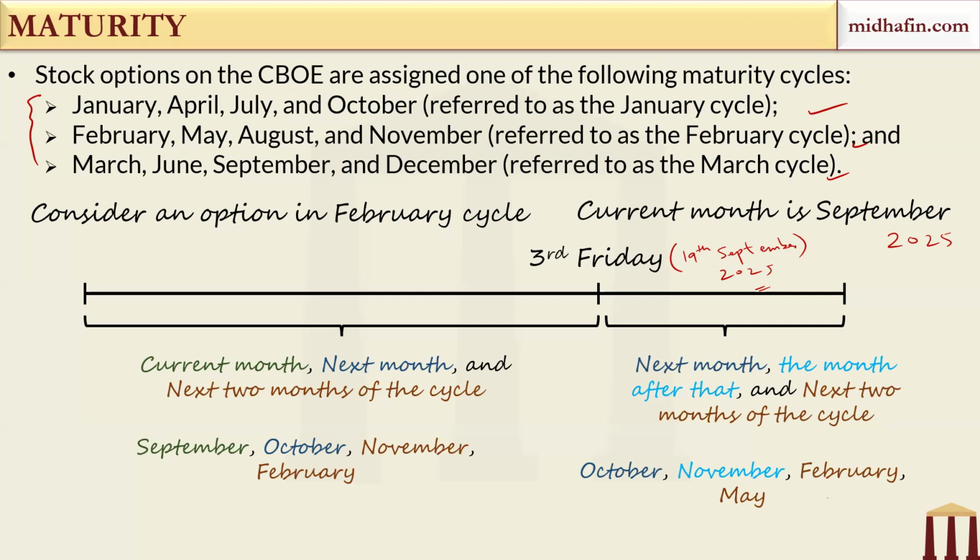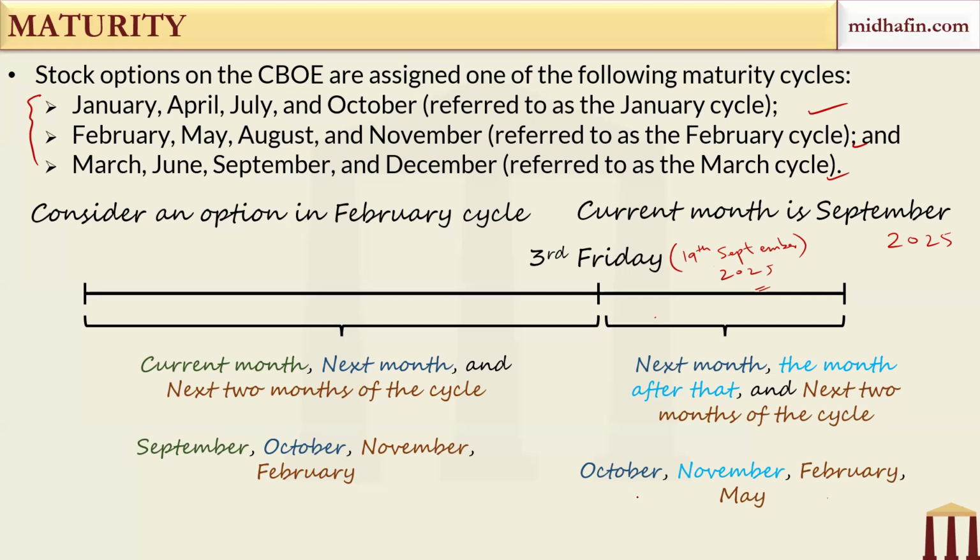Yes, Lucky, please go ahead. In this cycle concept, I need to know the maximum, the longest option we could have. If you are currently, say, in September after the third Friday, then you can calculate.